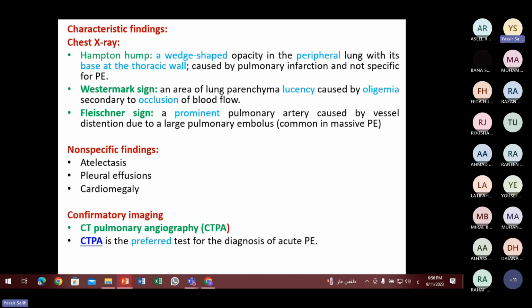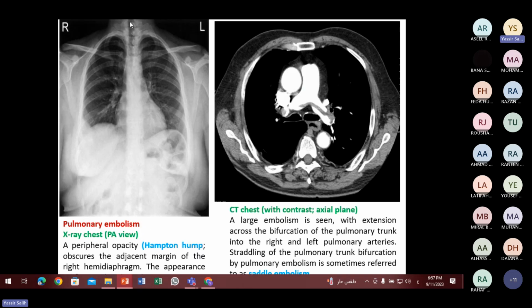The first one is called Hampton Hump sign. Hampton Hump sign is characterized by a wedge-shaped opacity. The most important thing is that the opacity is in the peripheral lung, and its base is toward the chest wall.